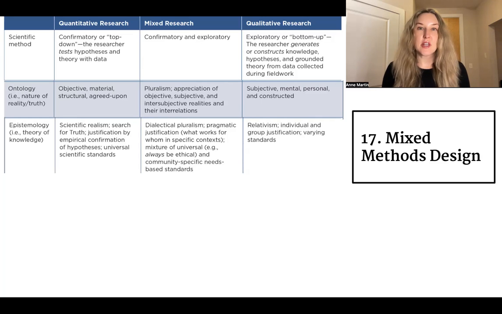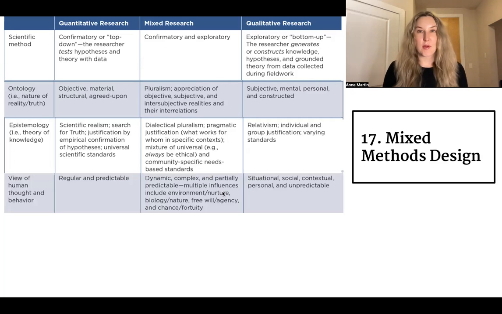And for mixed methods, the authors talk a lot about how they are informed by pragmatism, and that also represents this pluralism to how both of them can be mutually informative.